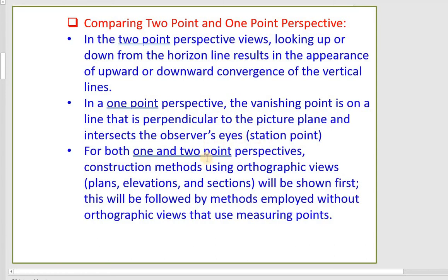It just sees around us. Both 1 and 2 point perspective construction methods use orthographic views, plans, elevation, and the section. You call that orthographic views. You have an example on assignment number 3 that will be shown first. This will be followed by the method employed without the orthographic views that uses measuring point.